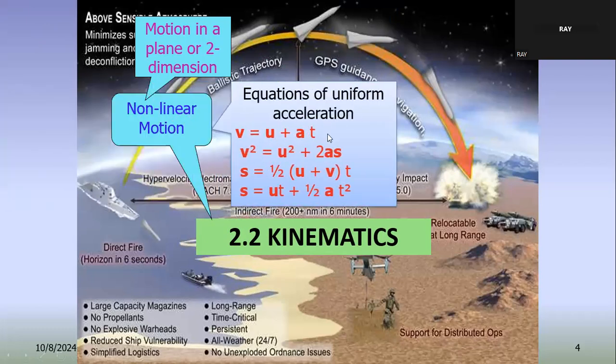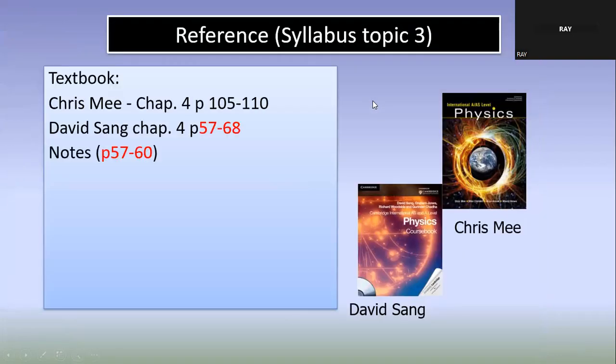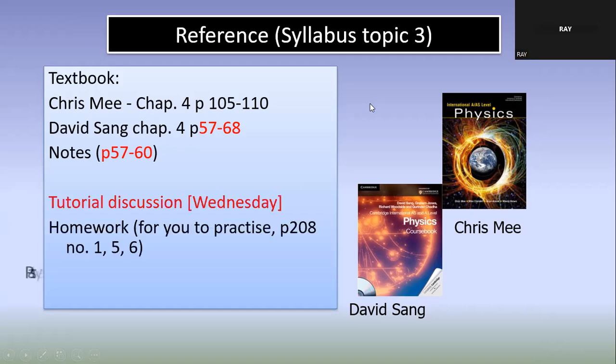We will still use the equations of uniform acceleration. No air resistance. We are not working with air resistance at the moment. You can use your own reference that your teacher suggests to you.